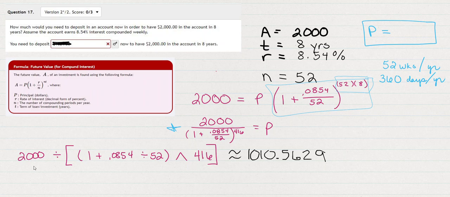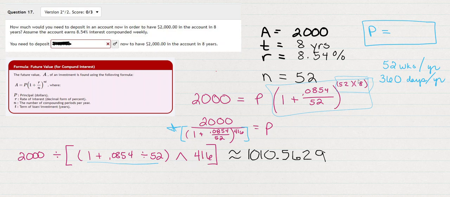In this calculator, what I need to do is say 2,000 divided by, and now I'm going to put parentheses around this denominator because I want to get this piece added and then raised to the exponent before I divide. So I'm going to say 2,000 divided by parenthesis 1 plus 0.0854 divided by 52, close the parenthesis, and then I'm raising just this part in the parenthesis, so I use a caret, to the 416.